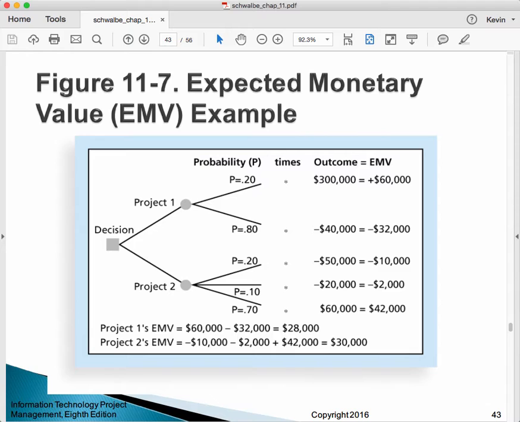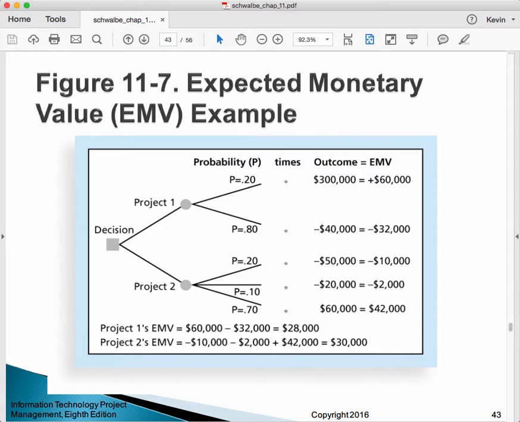On project two, we see three kind of probability groupings. A 20% probability that we'll lose $50,000. A 10% probability that we'll lose $20,000. And a 70% probability that we will gain $60,000. Now, how do you weight these against each other? Expected monetary value theory says, well, you take the probabilities and you multiply them times the expected outcome, and you get the expected monetary value.